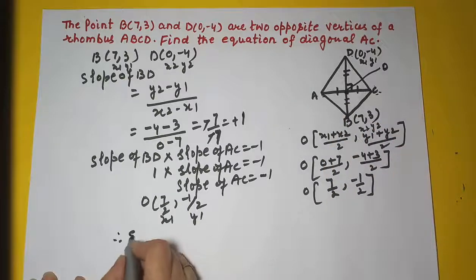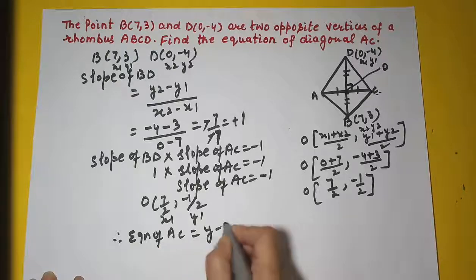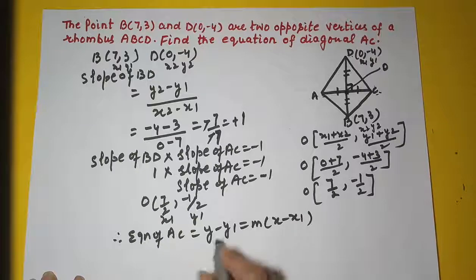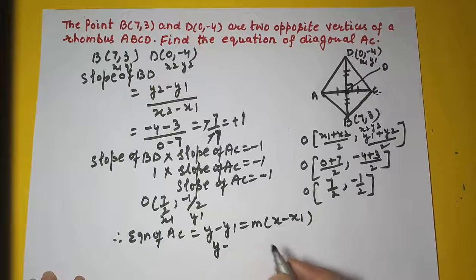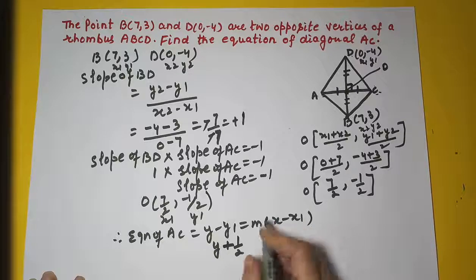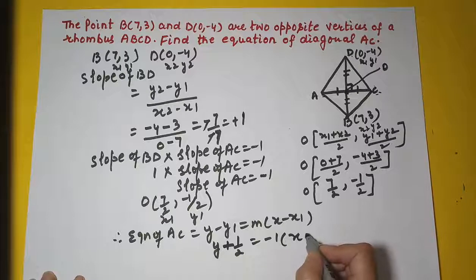Therefore, the equation of AC is y minus y1 equals m times (x minus x1). So what is my y1? y minus, this becomes, +1 by 2 equal to -1 into (x minus 7 by 2).